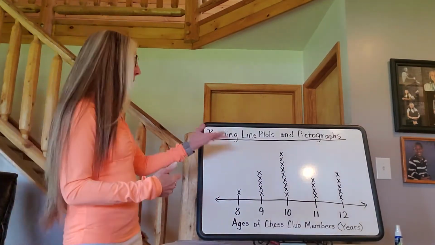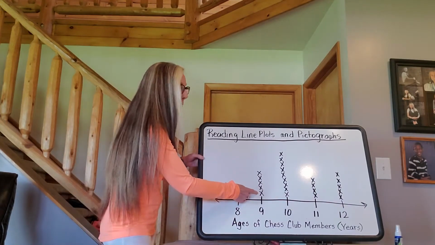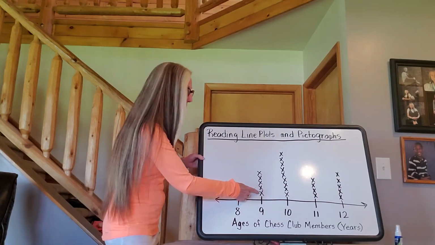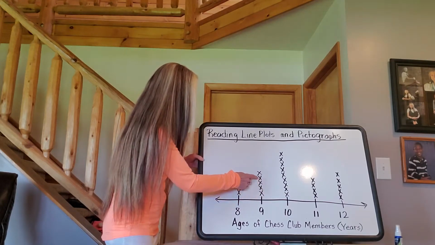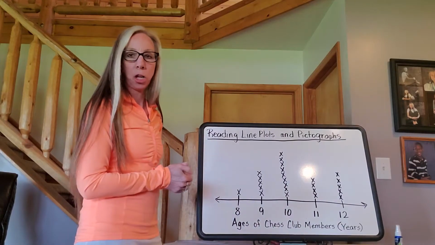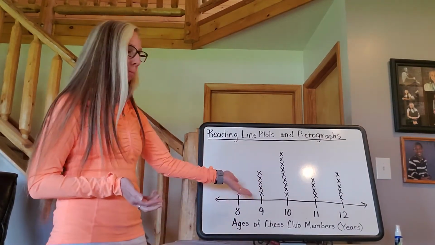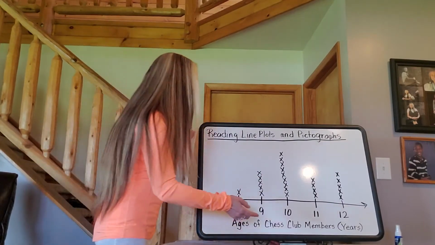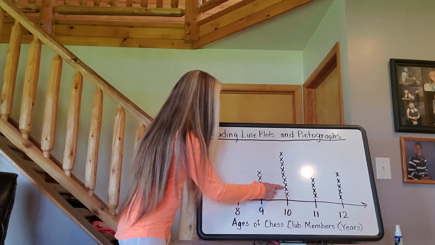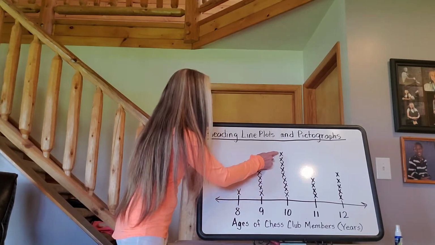So then you could go on. How many 9-year-olds are in the chess club? Well, you would count the x's, because remember, the x's represent people. So 1, 2, 3, 4, 5. There are 5 9-year-olds in the chess club. How many 10-year-olds are in the chess club? Look over there. 10-year-olds. 1, 2, 3, 4, 5, 6, 7, 8, 9.